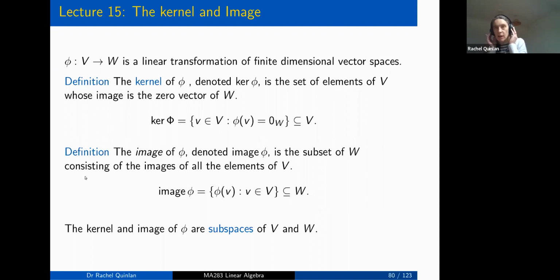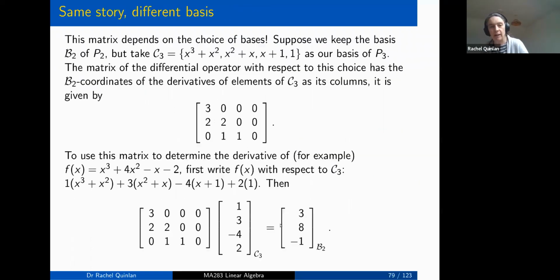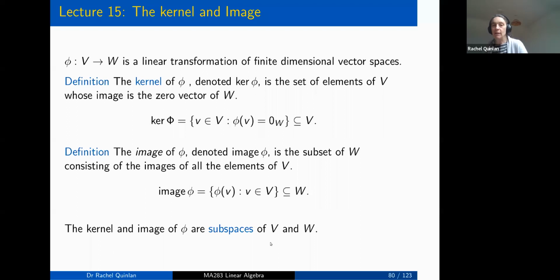And the claim is that the kernel and image of phi are subspaces, respectively, of the vector spaces V and W. So just to recall what that means, it means that if you have a pair of elements of the kernel of phi, then their sum also is in the kernel of phi. That's something that's easily verified from the definition of being in the kernel. If you have two elements whose images under phi are both 0 in W, then when you apply phi to their sum, you get 0 plus 0, which is again 0.